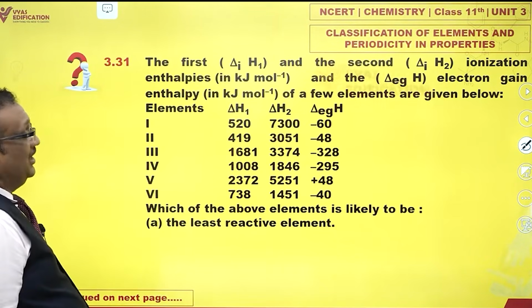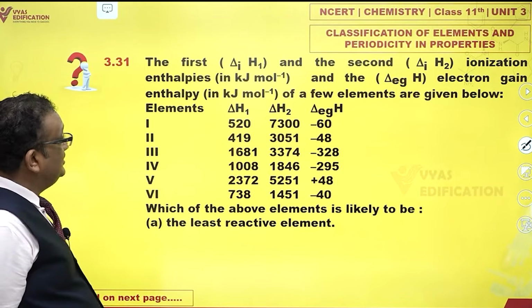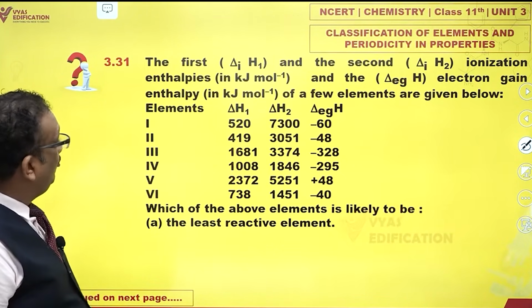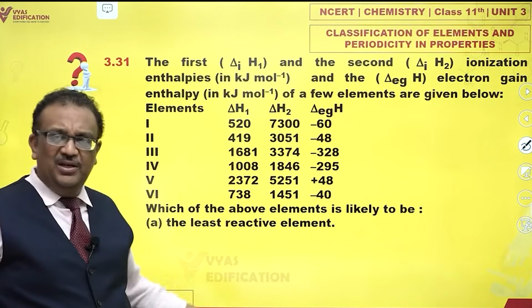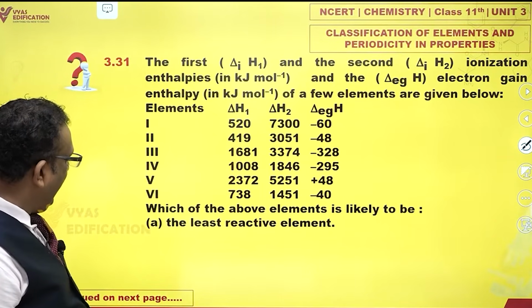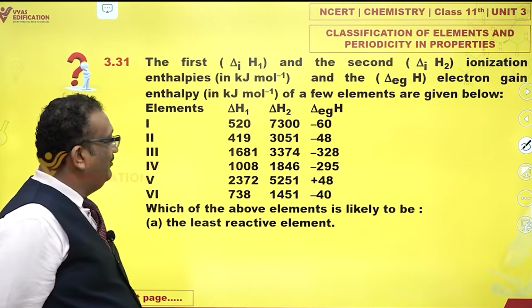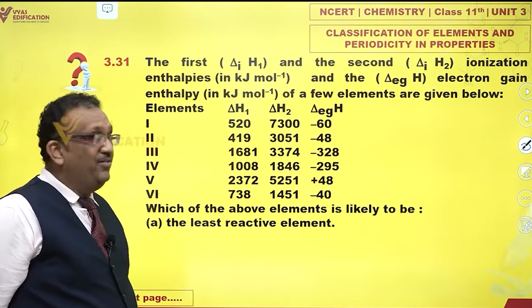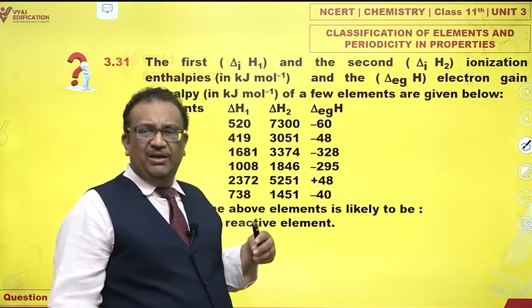The first delta H ionization and the second ionization energies and the electron gain enthalpies of few elements are given below. Lovely, I am given some data. Okay. Which of the above elements is likely to be A, the least reactive element? Now, when we are talking about electron gain enthalpy, you should feel happy while gaining electrons, right?